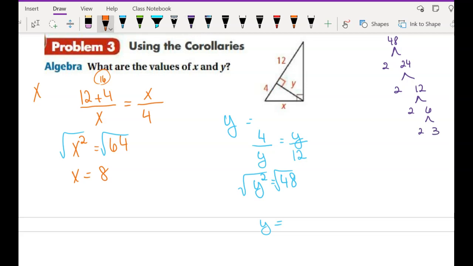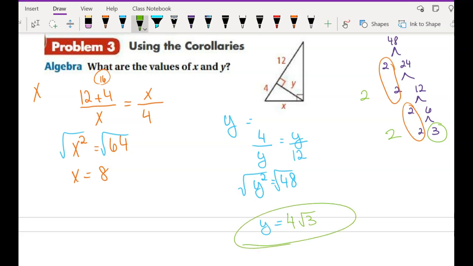And I'm going to pair these up. So I've got a pair of 2's and a pair of 2's. Pairs go out, singles stay home. So what is 2 times 2? So that's going to give me 4 times the square root of 3. And that is what y is equal to.